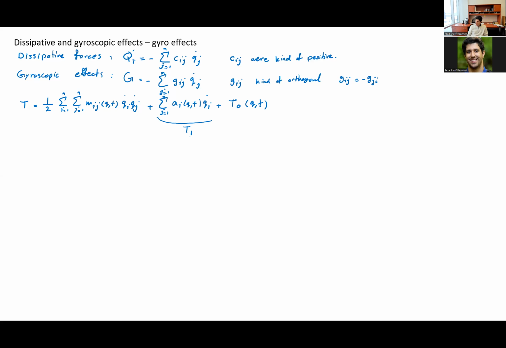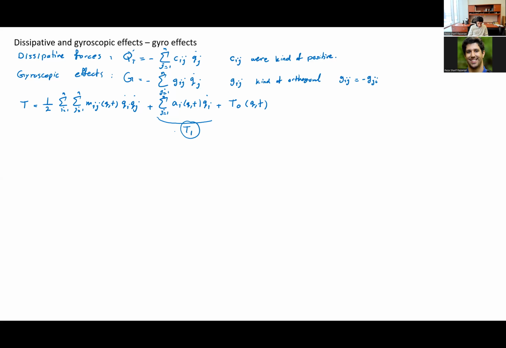To see how they come into effect, so remember I have this Lagrangian, which is kinetic energy minus potential energy, and I take the derivative with respect to q dot and then the time and all of that. So I can do all of that, but let's only focus on this particular term in the kinetic energy.